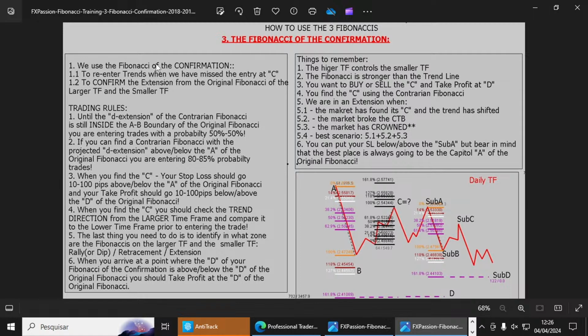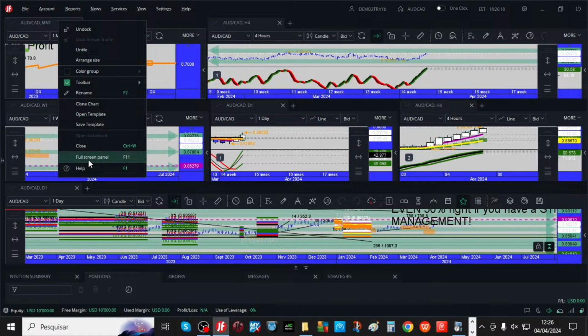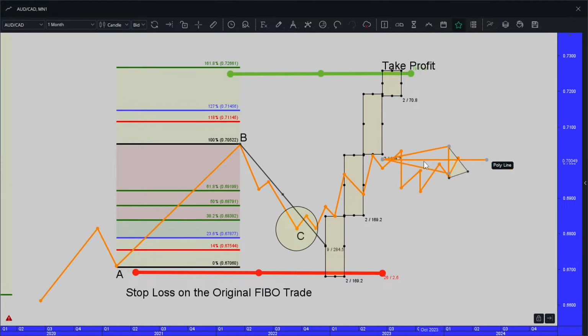We use the Fibonacci of the confirmation to re-enter trends when we have missed the entry at the C. Isn't this good news, everybody? So even though Elvis has left the building and the train has left the station, I can still take advantage. I can still take the opportunity.